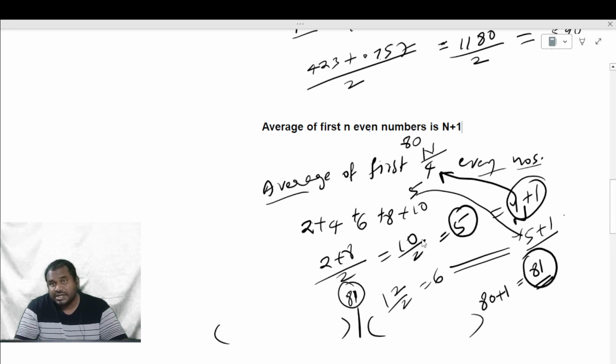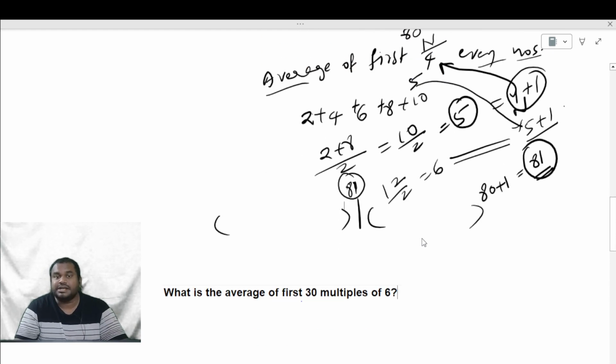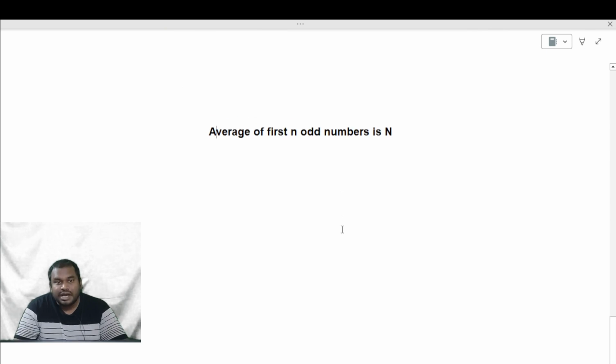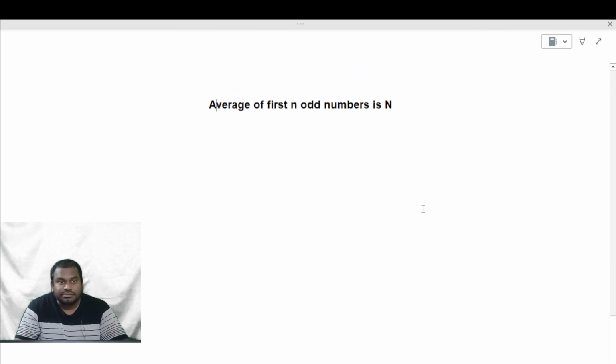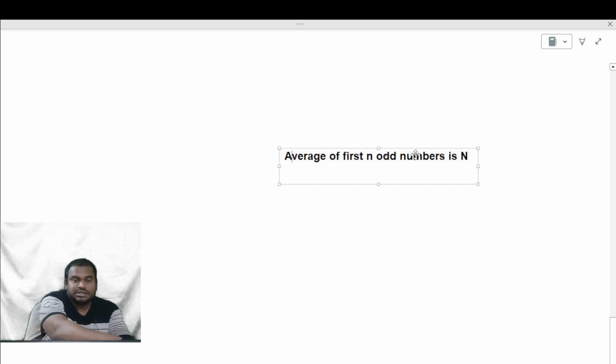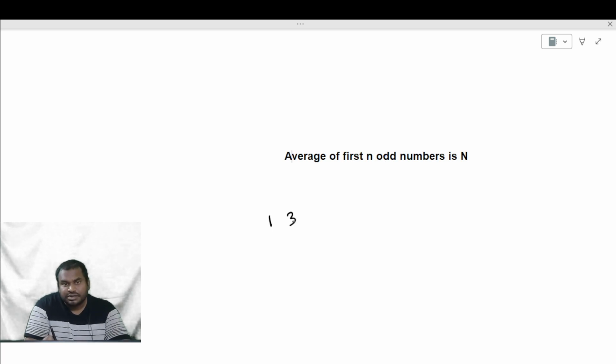In the same way, for odd numbers there is also a formula: the average of the first n odd numbers. What are the first n odd numbers? From 1 we need to start: 1, 3, 5, 7, 9. Suppose I take the first 5 odd numbers.